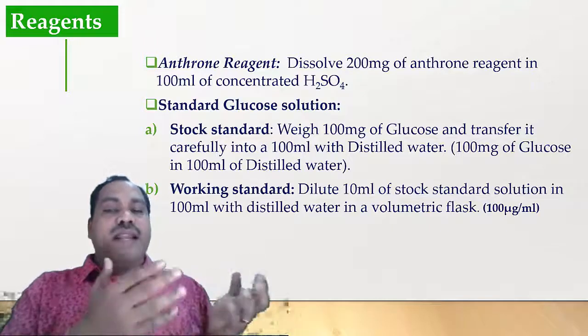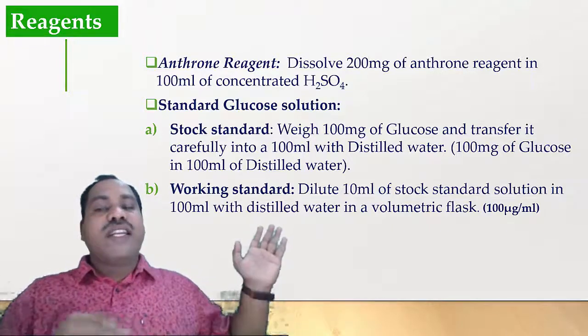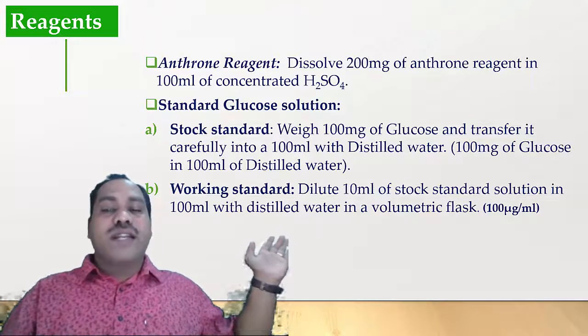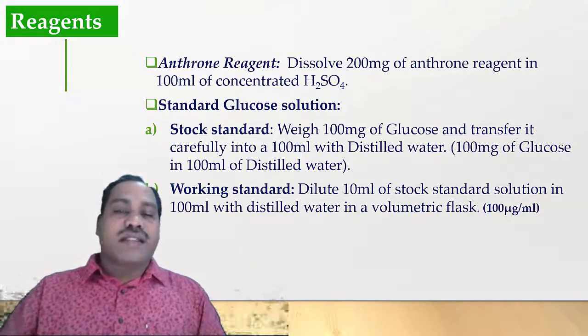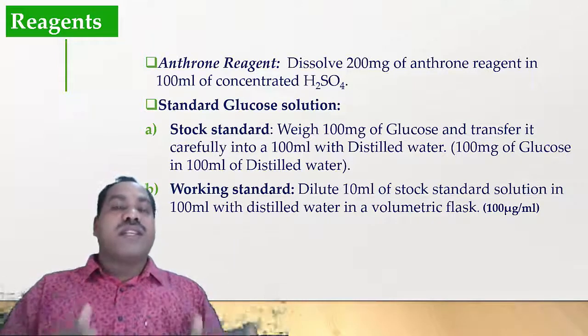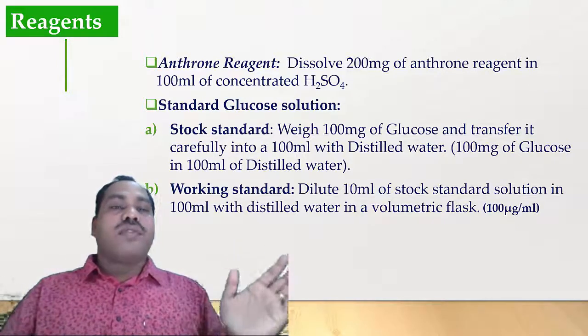The working standard can be prepared by diluting 10 ml of stock solution to 100 ml with distilled water in a volumetric flask. This standard solution is used for preparation of the standard graph of glucose.